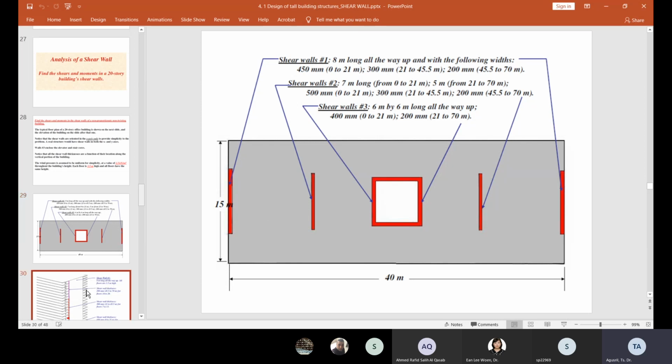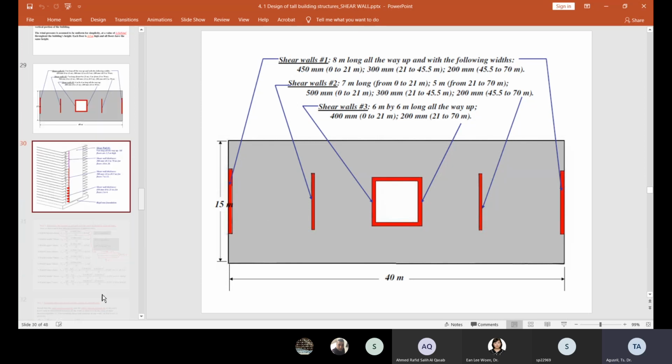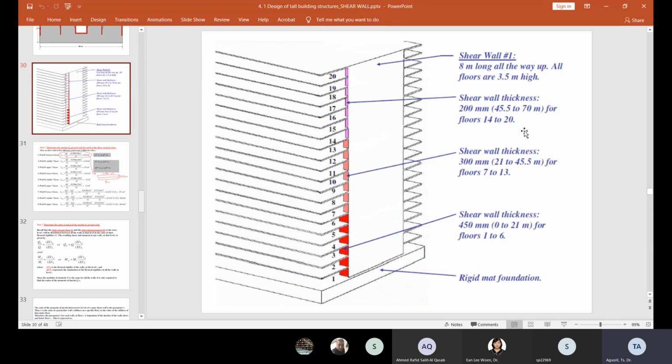In detail, for the first 6 stories the wall is 450 mm thick, shown in red.